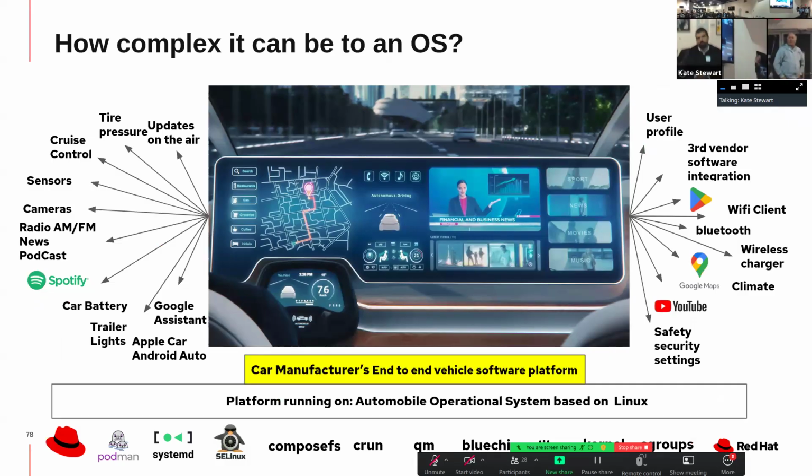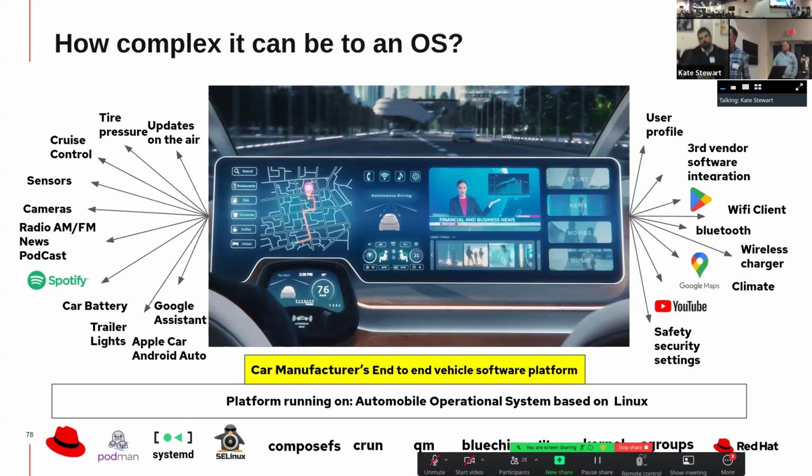So Doug just showed us technical details of what it will look like in the car in the future with containers. Containers will be these applications, as in the example here, or nested containers running under QM, as Doug mentioned. And here, as you can see below, there is the base, which is Red Hat Linux CentOS, that has Podman, systemd, SELinux, ComposeFS, and all the main components that we believe are important for a secure car OS.